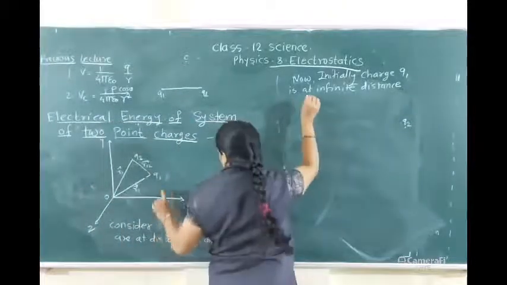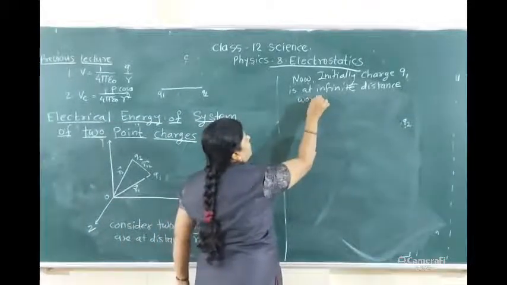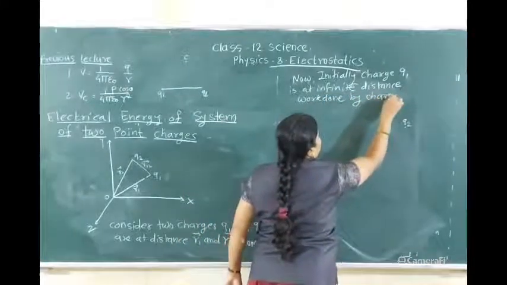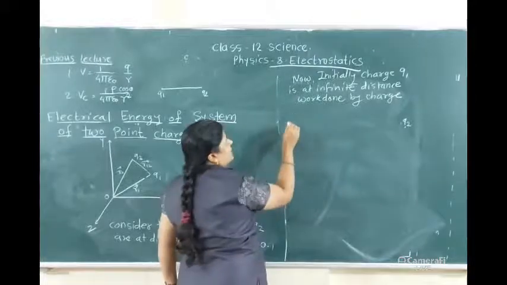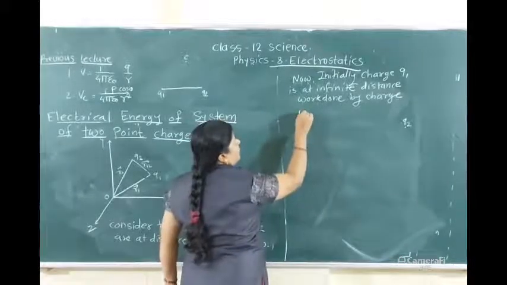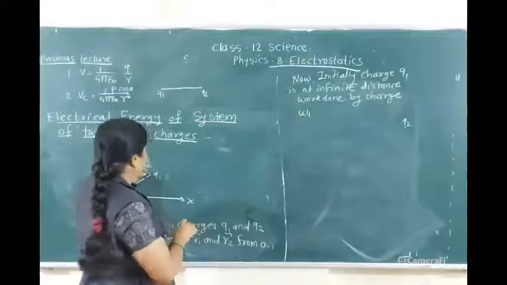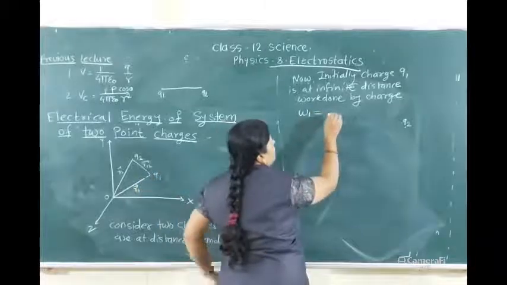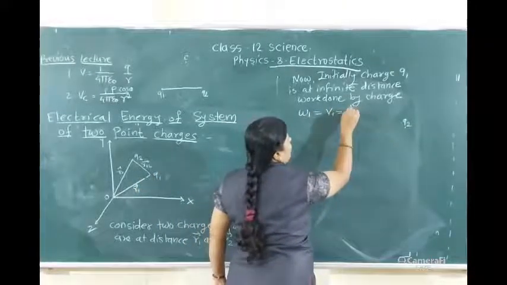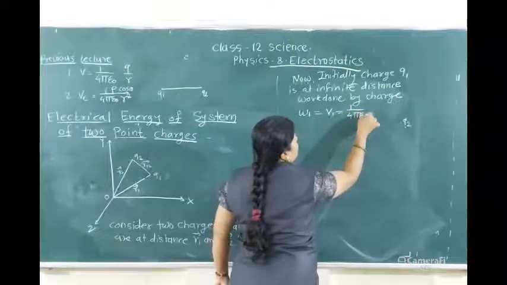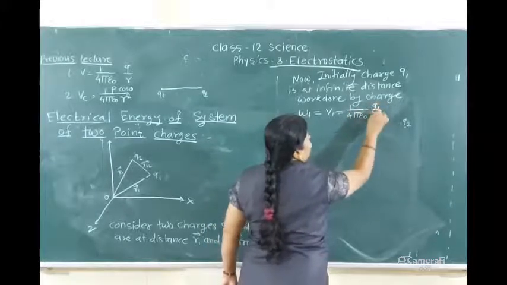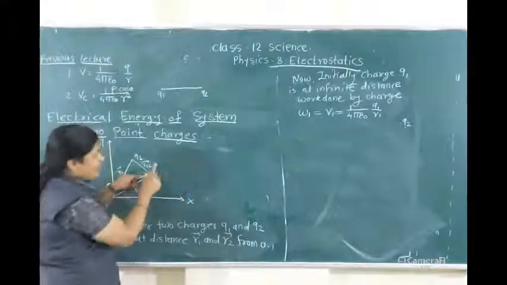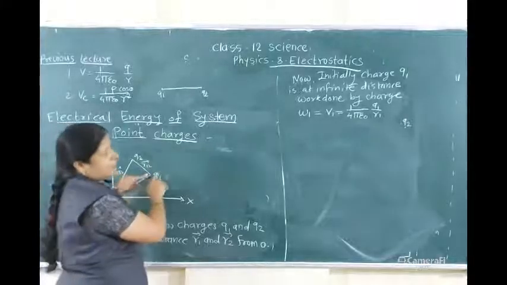So the total work done by the charge W1, because the charge is Q1, so we have work done W1 equal to V1, which is equal to 1 upon 4 pi epsilon 0 Q1 divided by R1, for bringing the charge from infinite distance into that system.